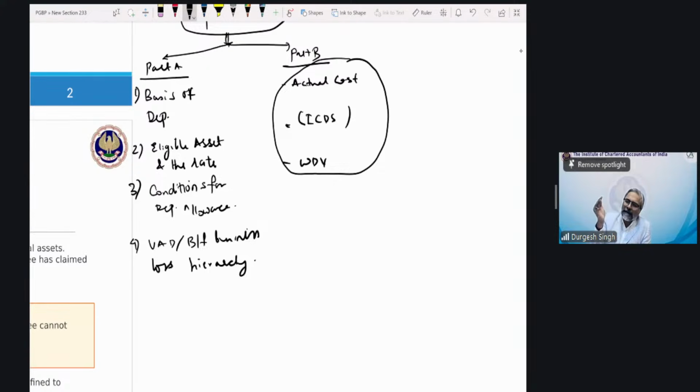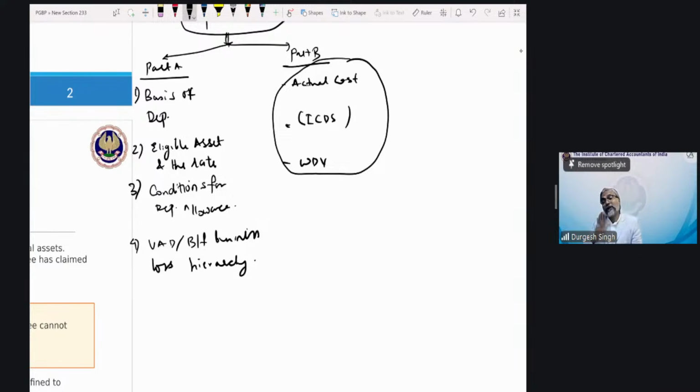It means that in the case of a newly acquired asset, it will be eligible for depreciation only when it will form part of the block, and it will form part of the block only when the asset is put to use. That asset which you have purchased has been put to use. So once the newly acquired asset is put to use, it will be a part of your block, and the moment it becomes part of the block, it will qualify for the claim of depreciation.